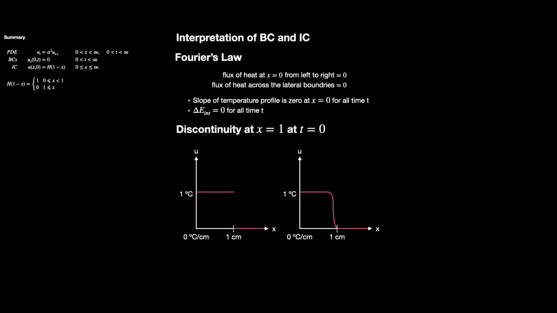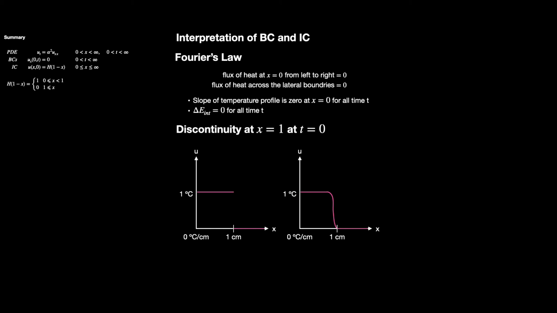Before we begin solving the problem, it helps to think about what the boundary condition and initial conditions are telling us about the final solution. First, since the boundary condition tells us that u sub x equals 0, this means that the boundaries are insulated at x equals 0 and along the lateral boundaries.